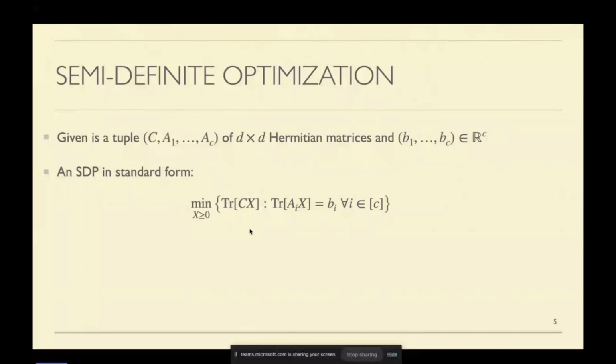And it's described as minimizing a linear objective function subject to affine constraints. And so this objective function is linear in X. X is constrained to be a positive semi-definite operator, so its eigenvalues should be non-negative. C, as we said, is some arbitrary Hermitian matrix, and A1 through Ac are Hermitian matrices. And X, the minimizing X, should satisfy this list of constraints. Okay, and the goal is to compute this optimal value.